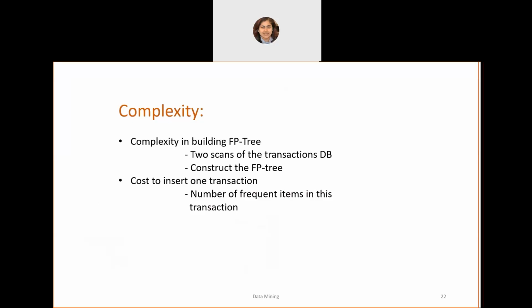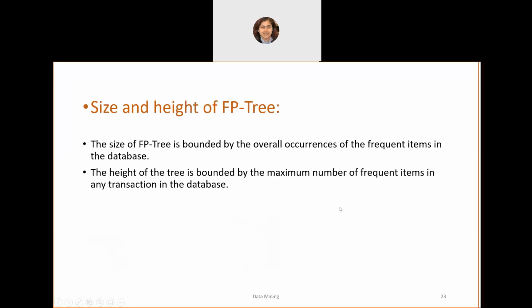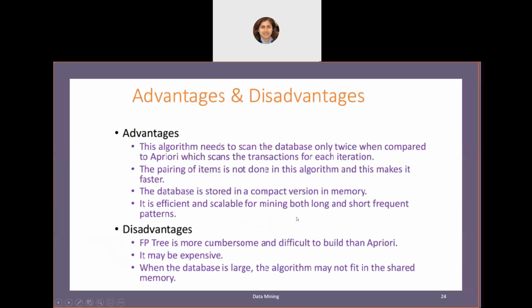But for inserting one transaction, you consider the number of frequent items in the transaction. The size and height of the FP tree always depend on the frequency or occurrence of all the frequent items in the database, and the maximum number of frequent items in any transaction in the database will be the height of the tree. That is the size and height of the FP tree.